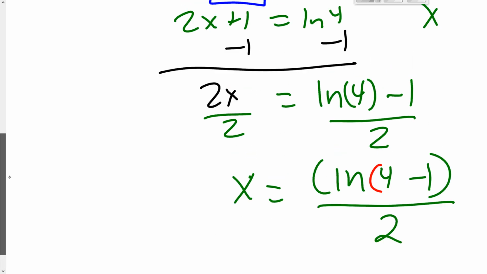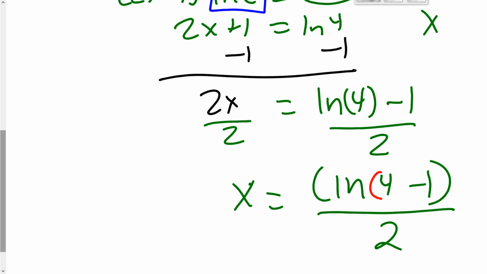But that's what I set up here you could not do, right? So we need to make sure that we close off this parenthesis right here and then close off your numerator. Okay, so we can do that. And then at the very end we divide by 2 and we get x is equal to approximately 0.129, somewhere around there.